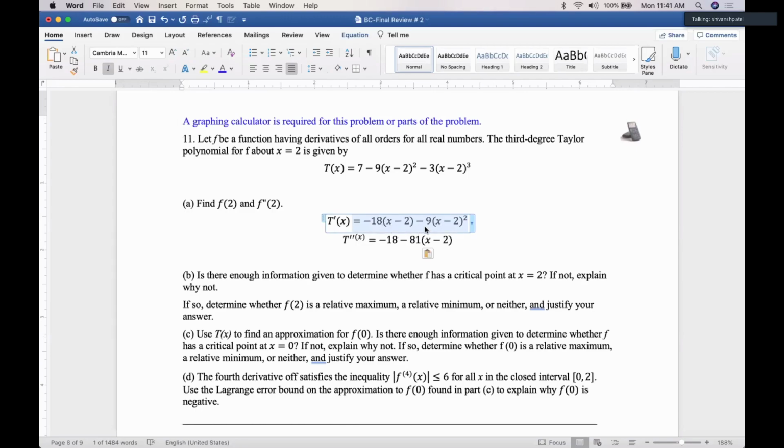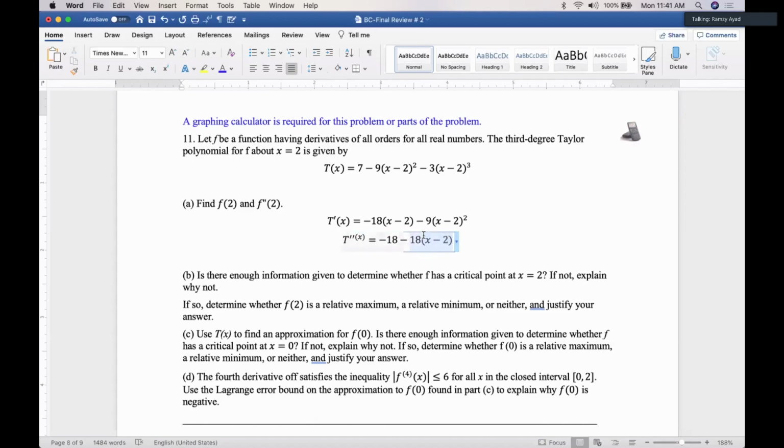You get 0, right? And if you put 0 here in the second one, what would you get now? You get positive. You would get a positive answer. This is 18, by the way, not 81.